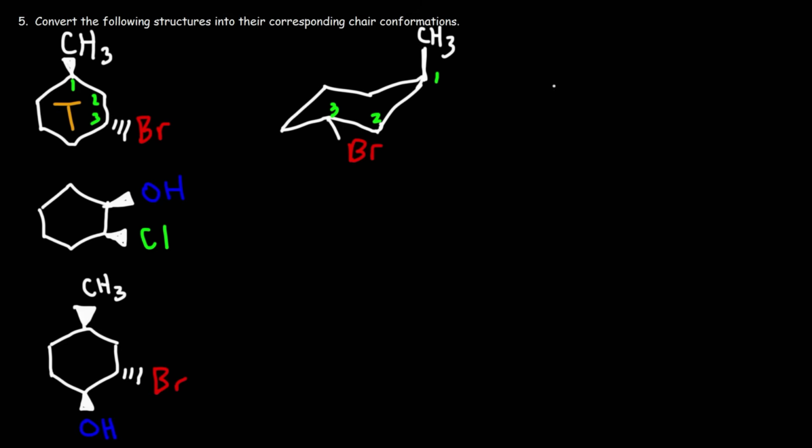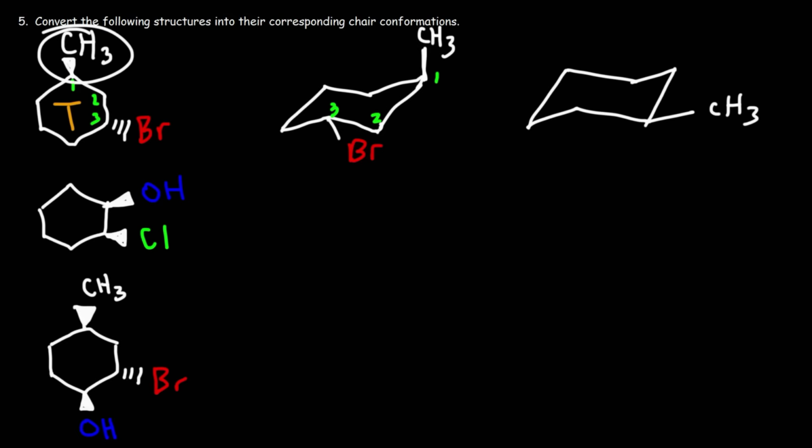So for instance, let me give you an example of another possibility. Instead of putting the methyl group on the axial up position, we could put the methyl group in the equatorial up position. As long as it's in the up position, it's going to work because the methyl group is on the wedge. So anything that's on a wedge, you want to place it in the up position.